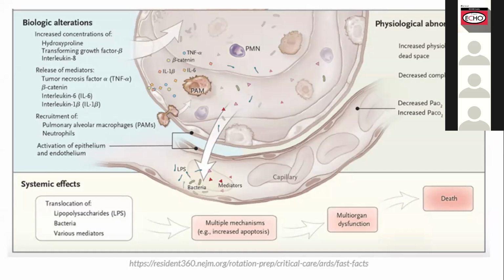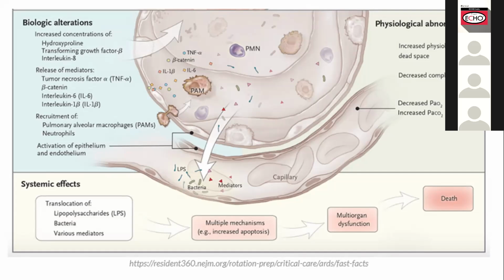With this constant delivery of positive pressure, there is an increased concentration of inflammatory mediators: transforming growth factor, interleukin-8, tumor necrosis factor, interleukin-6, interleukin-1 beta, and we also have recruitment of pulmonary alveolar macrophages at the site, but also neutrophils. And we have activation of epithelium and endothelium at that place as well.